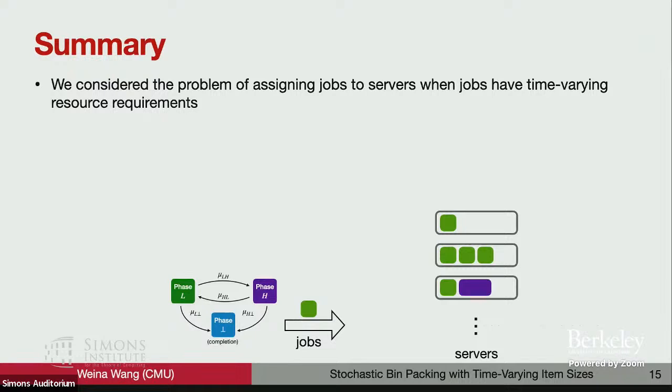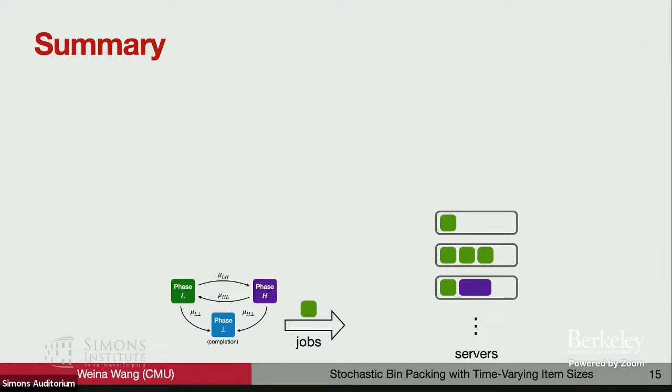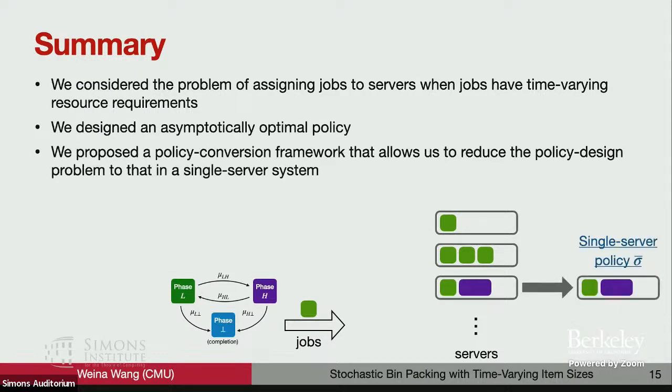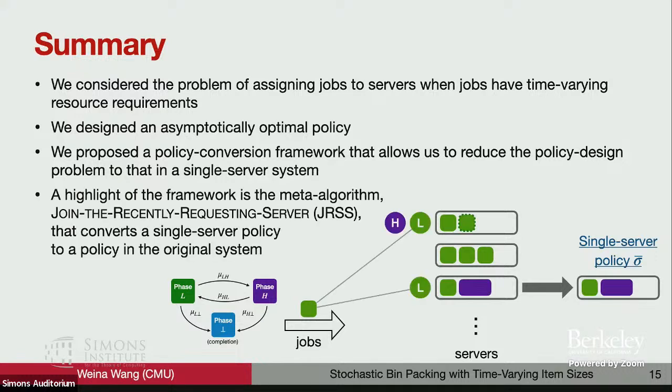To summarize, we considered the problem of assigning jobs to servers where the jobs have time-varying resource requirements. We have an asymptotically optimal policy, and more interestingly, we have a conversion framework that allows us to convert between the original system and the single server system.